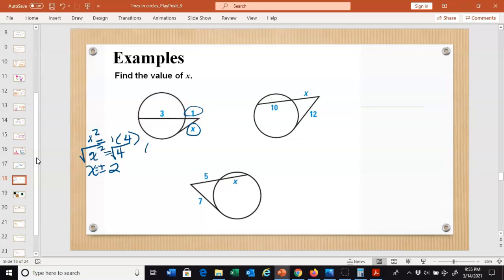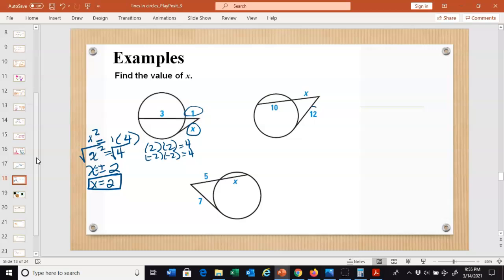Because if you think about it, positive 2 times positive 2 is 4, and negative 2 times negative 2 is 4. But let's see which answer makes sense for the question, right? We're talking about the length of a segment or the length of a line. So you're not going to have a negative length. So we do want to grab the positive solution.